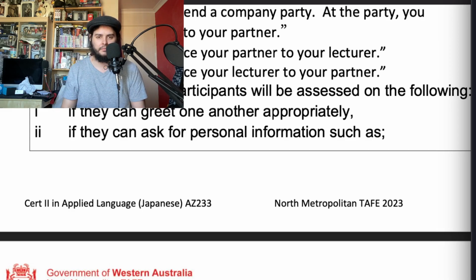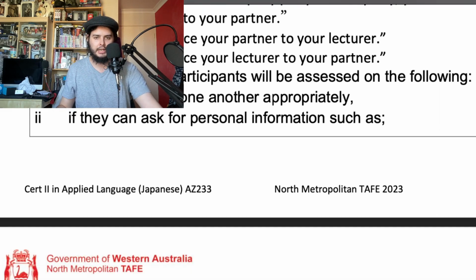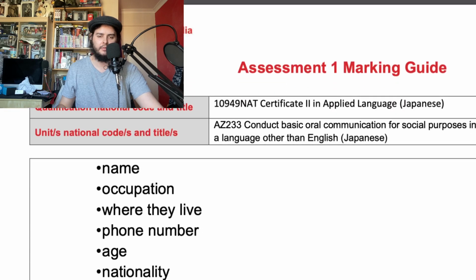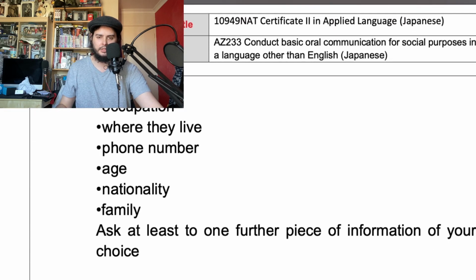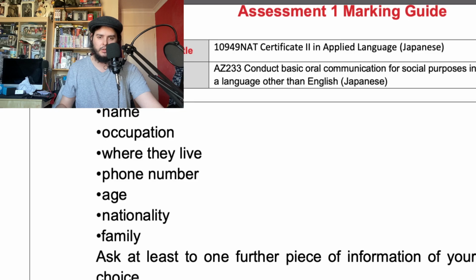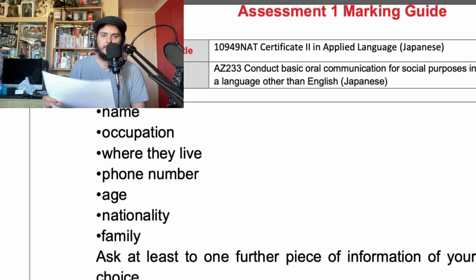Then for the second segment, where you're meant to be able to ask the other person these questions for their name, occupation, where they live, phone number, age, nationality, family, and your own question. So to ask for the name, what I'm asking in English is: what is your name?